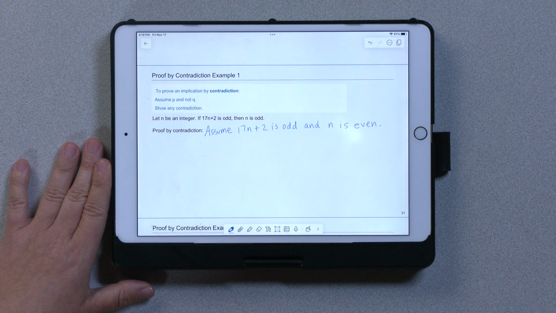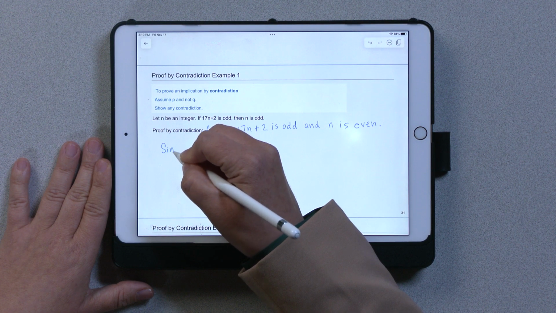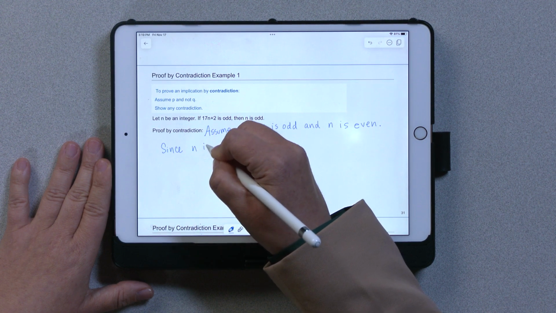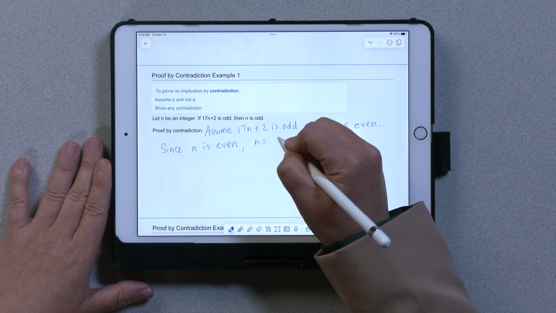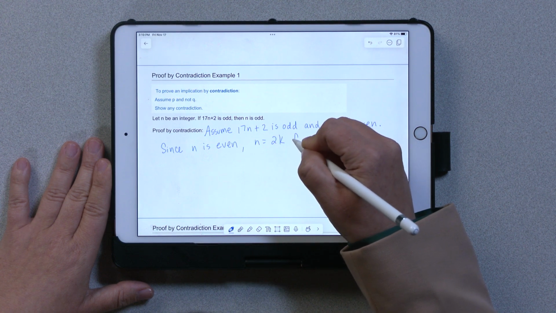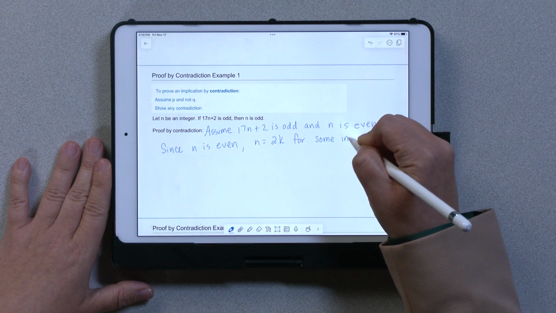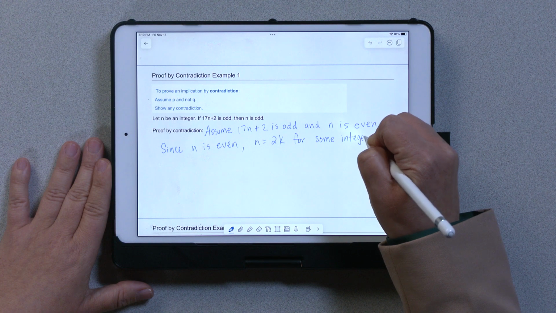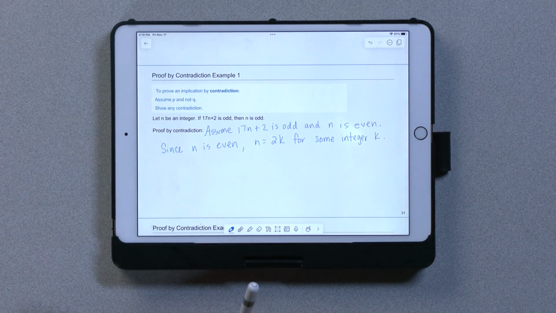So let's see what inferences we can make. First, since n is even, n equals 2k for some integer k. We want to derive a contradiction.